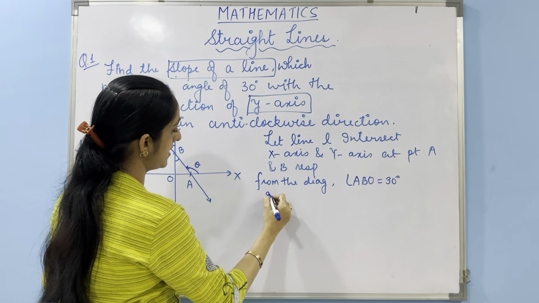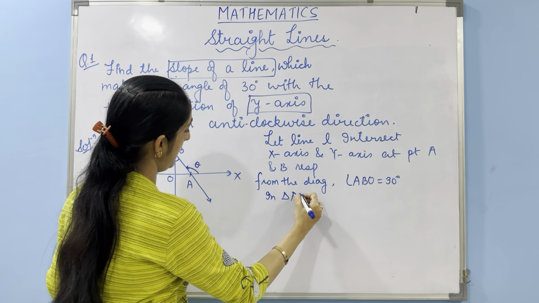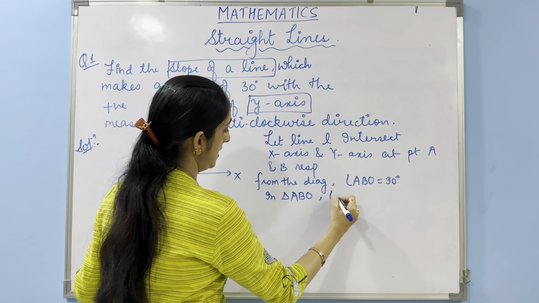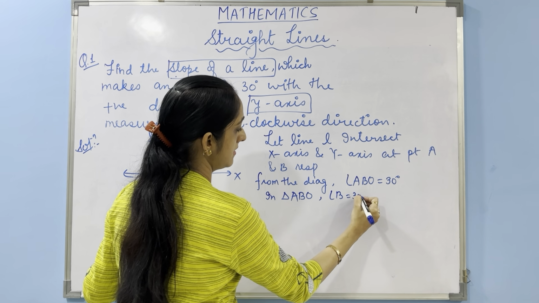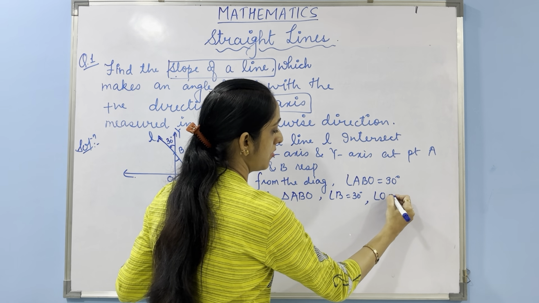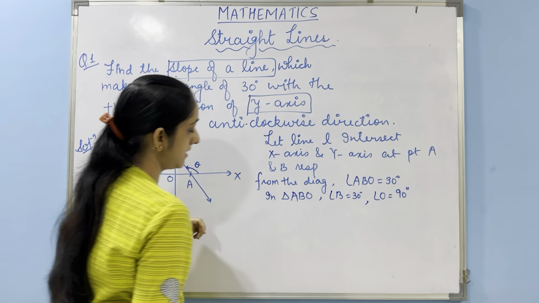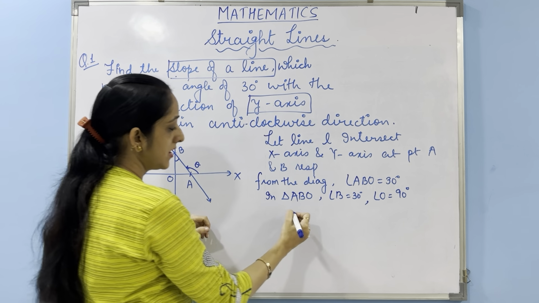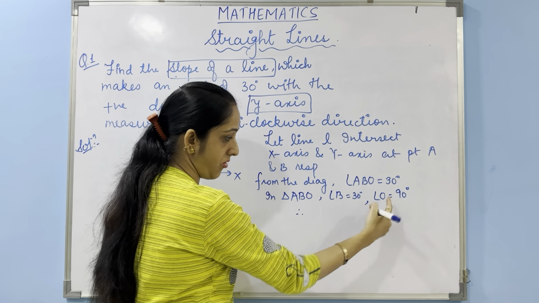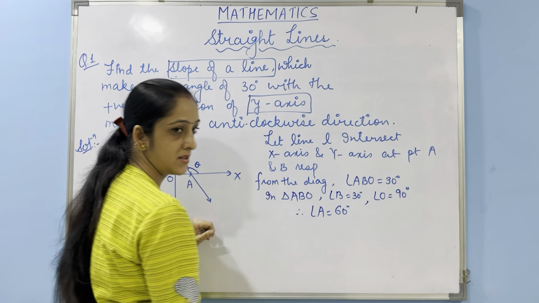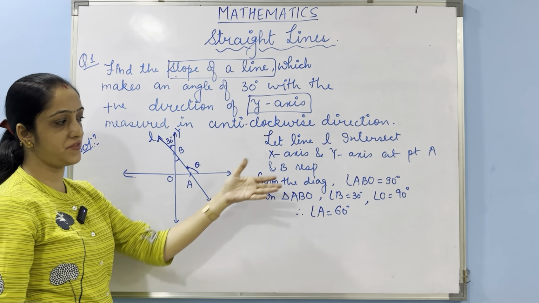Now in triangle ABO, angle B is 30 degrees. Angle O is 90 degrees because it is the intersection of the x-axis and y-axis. So if B is 30 and O is 90, angle A will be 60 degrees, with the help of the angle sum property.